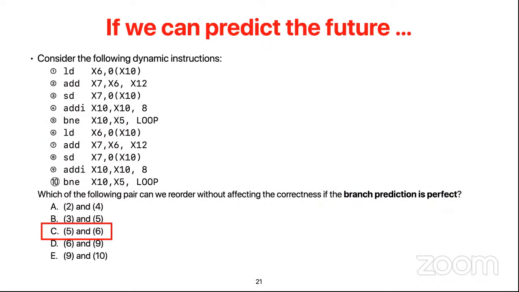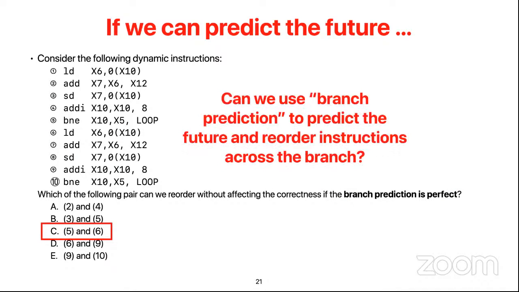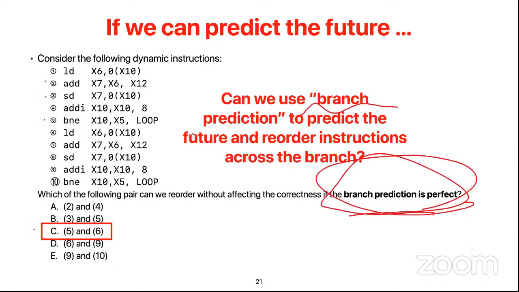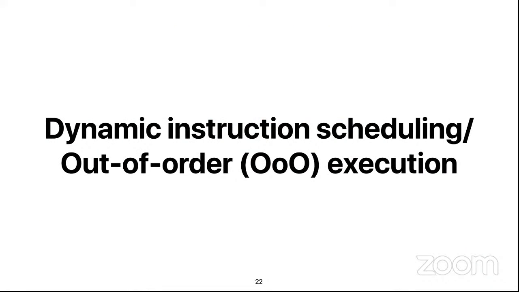So we need the hardware's branch prediction to predict the future, and the ability to reorder instructions across the branch to optimize our performance. Here comes the idea of dynamic instruction scheduling, or out of order execution.